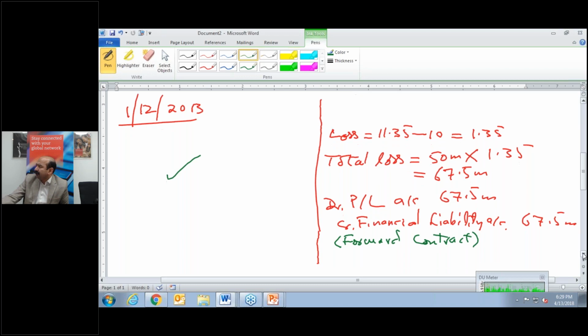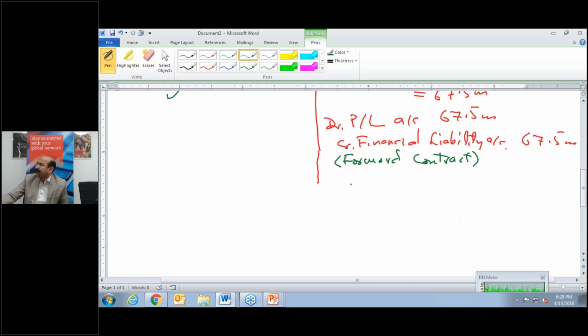And here, when you will be closing this forward contract, this is your financial liability. You will have to pay cash in order to settle it. So your financial liability will be debited with the total amount. What is the total amount? In fact, you will add up the amount which you credited to the financial liability forward contract account over the period, from the date of its inception till this point when it is being closed.